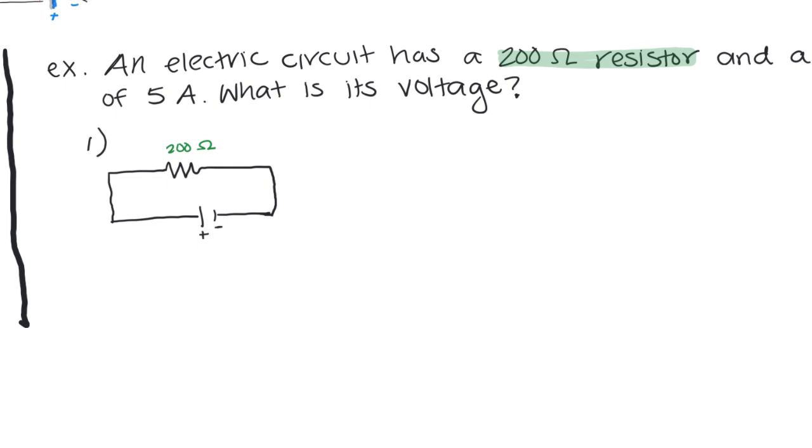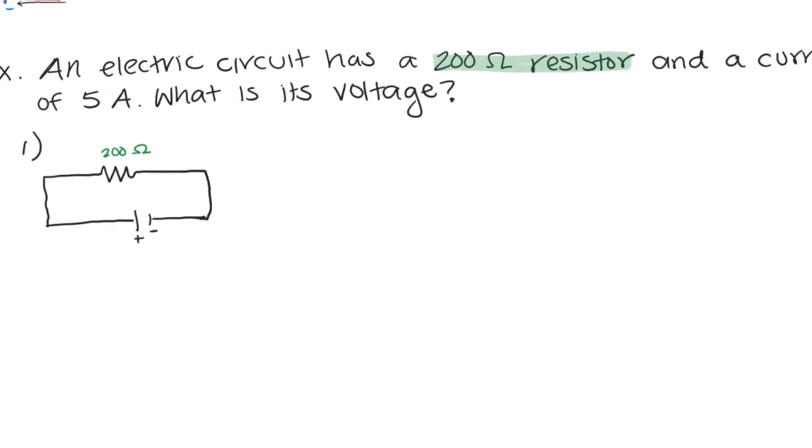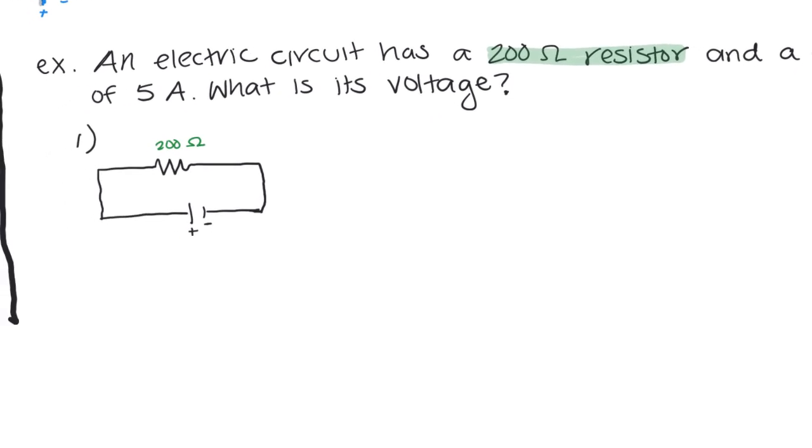All right, we also know that the current, it says it has a current of 5 amps. So I can draw our direction of the current through the circuit. It goes through the resistor and back to the negative terminal of the battery.